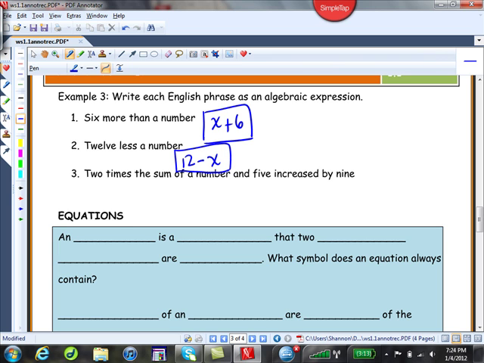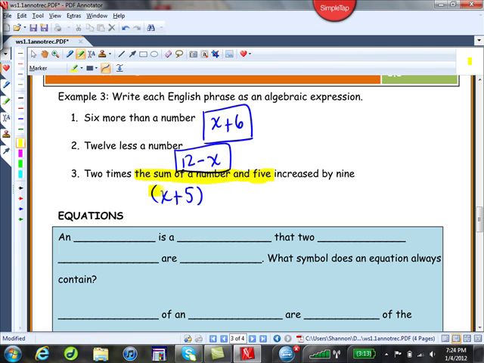How about 2 times the sum of a number and 5 increased by 9? So let's break this up a little bit. We can start with the sum of a number and 5. We can write that bad boy as x plus 5. Put that in parentheses.